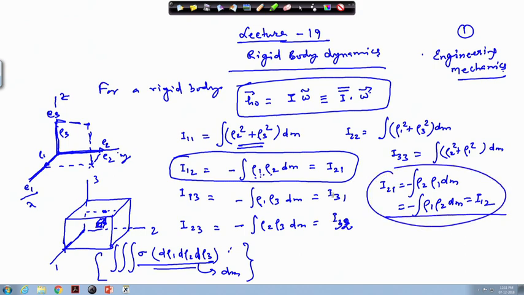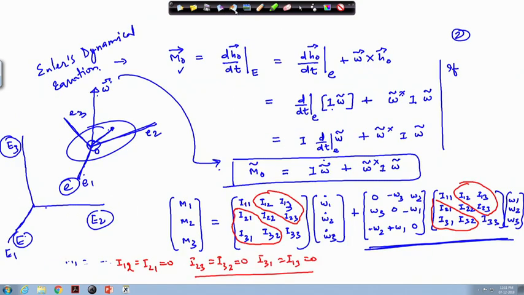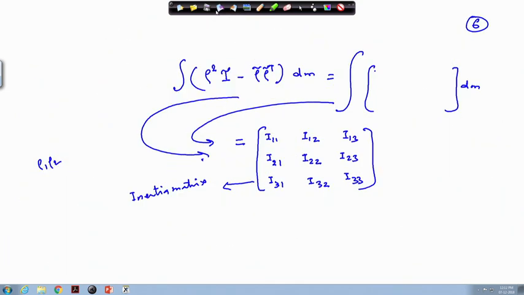So, the off diagonal terms are the same, meaning the inertia matrix is symmetric, and I have shown you this by using this equation.